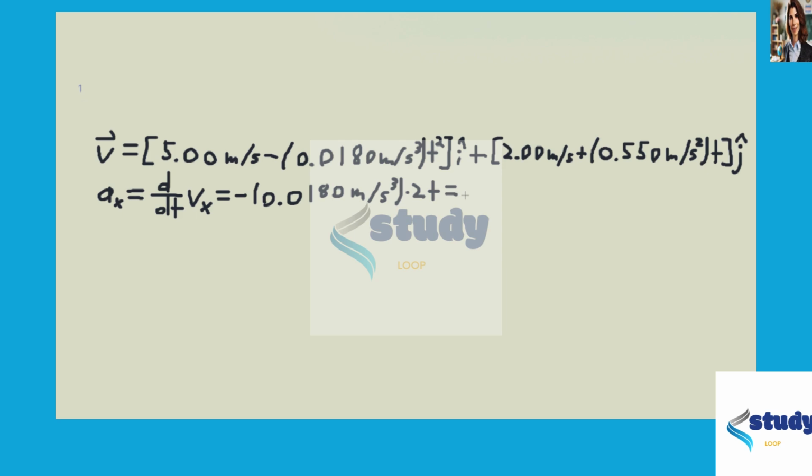And then we can multiply this through. So it gives me the x component of the acceleration.